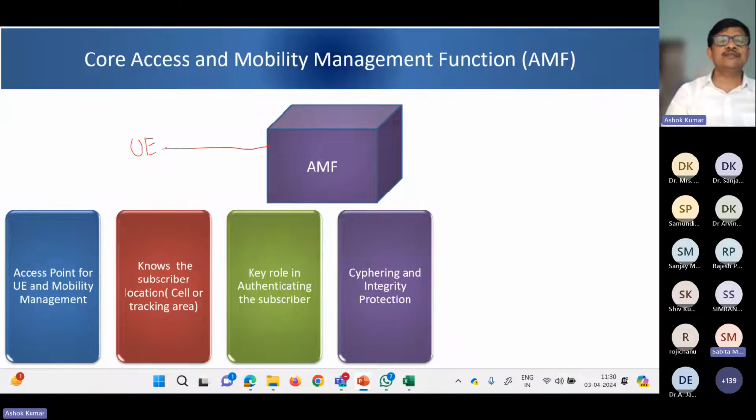One is that when the UE is transmitting some data to the AMF, or the AMF is transmitting some data to the UE, and these are control plane data as of now, the data should be encrypted in the sense that even if somebody is able to intercept it, since it is encrypted or ciphering is done, nobody will be able to see what the data is.